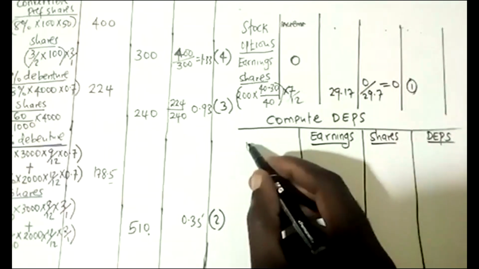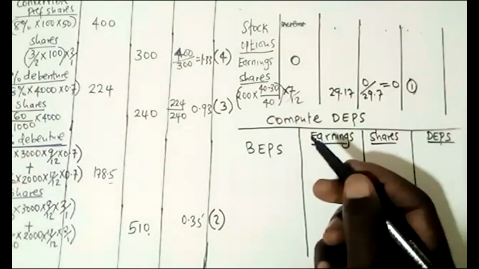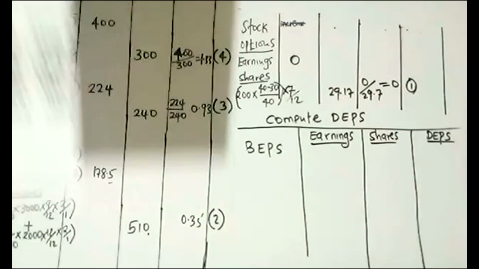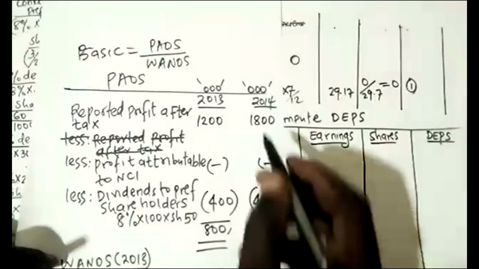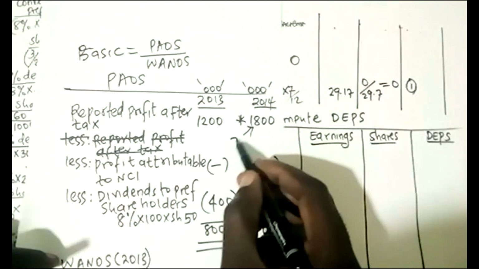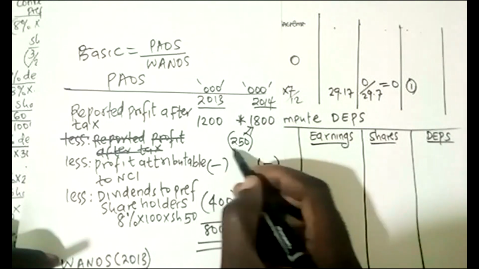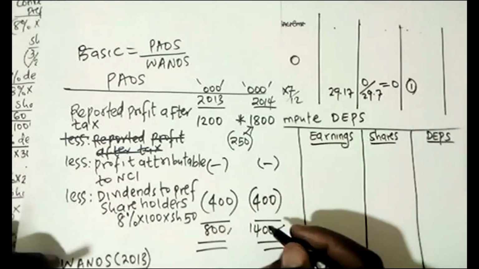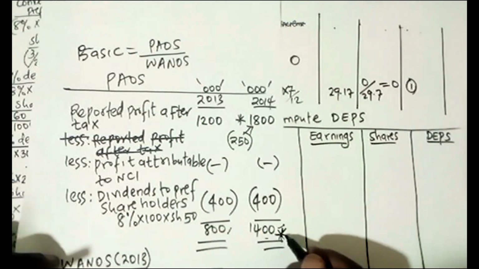So you start from the basic EPS 2014. The profit was 1400. But remember this 1800 was inclusive of 250 from the discontinued operations, and I said when computing the diluted earnings per share, we only use profits from continuing operations. So I will remove the 250 here.